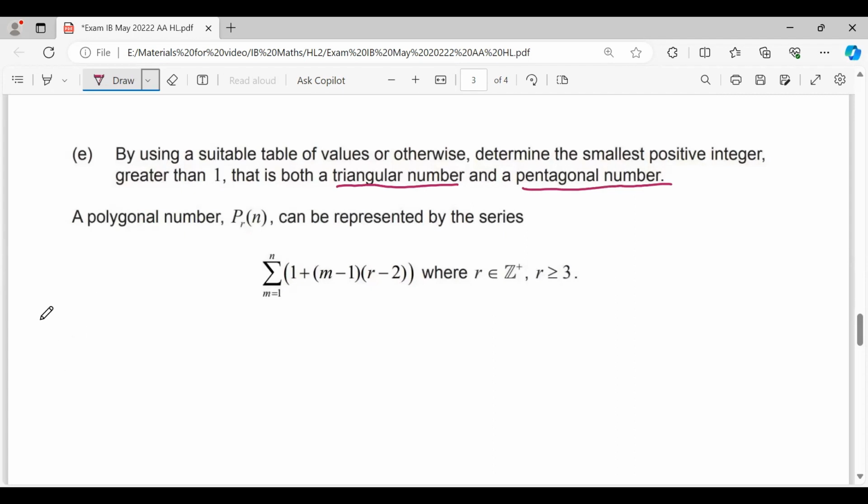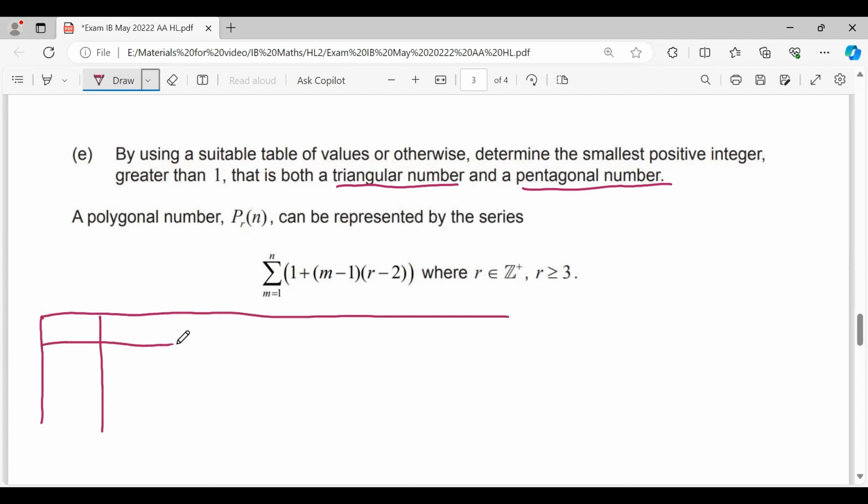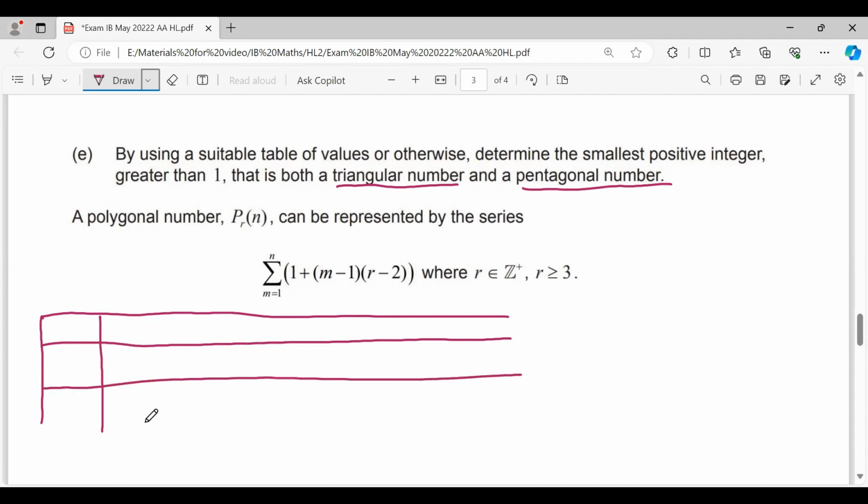If we create the table, it will be like this. It's n and m, for the triangular and for the pentagonal.